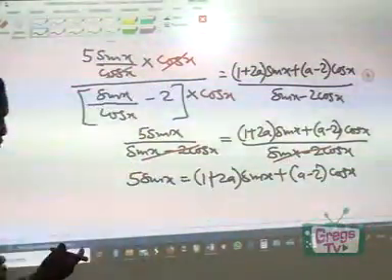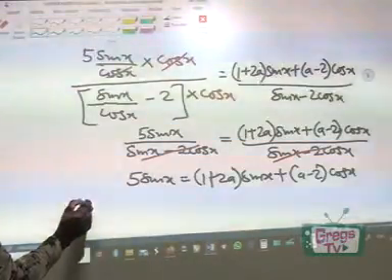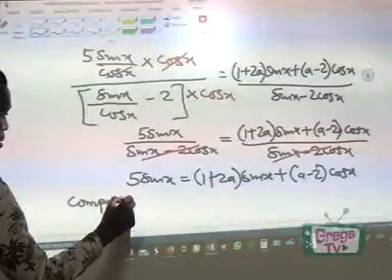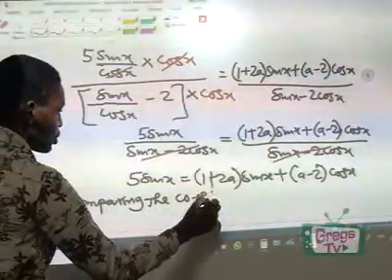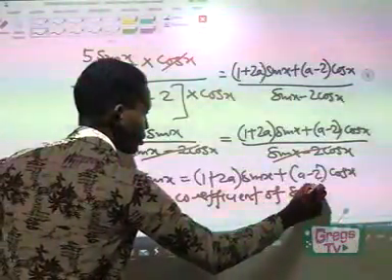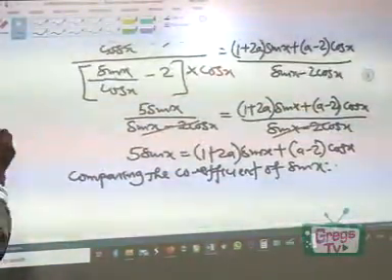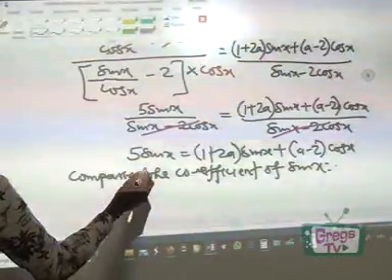And if you check here very well, I can just go on and compare coefficients of sin x. So let's put it there, comparing the coefficient of sin x. So what will that be? If you do that, you are going to have 5 here.